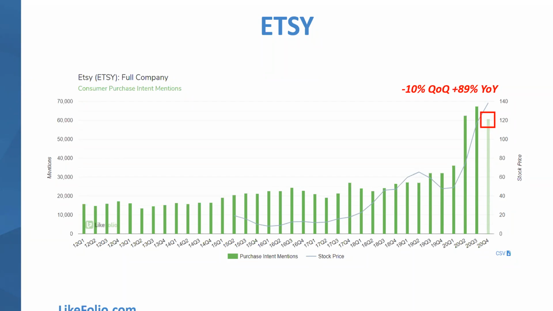But we saw Etsy's platform absolutely take off in the last 2 quarters. And this rate that they're maintaining right now, this green bar that you're seeing, is really significant. Still up almost 90% year over year. And this is heading into a really, really critical holiday season.